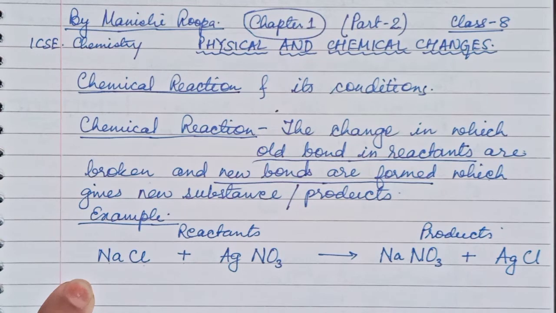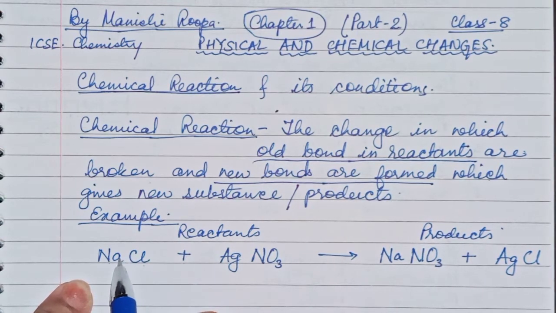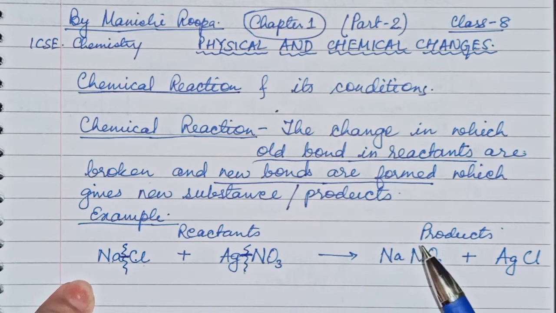See here, sodium chloride has a bond between sodium and chlorine, and silver nitrate also has a bond between silver and nitrate. So what is happening in this chemical reaction? This bond is broken down. Breaking of bond is taking place.